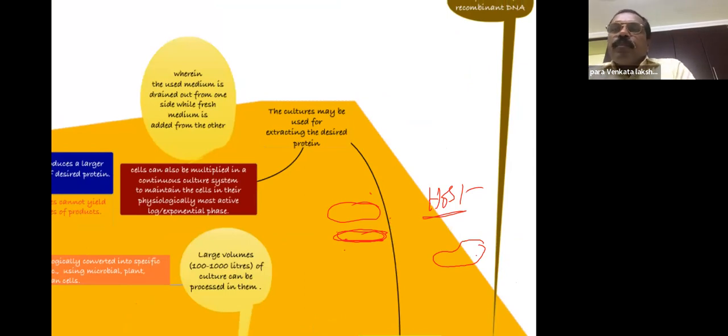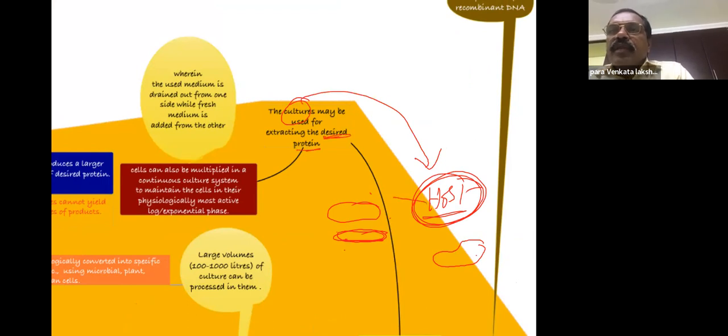Here, the culture can be given to this host. The culture is nothing but for the survival of this host bacteria. Cultures are essential. That is the nutrition for this host. This host has to produce the desired protein by taking this nutrition. That is why culture must be provided.